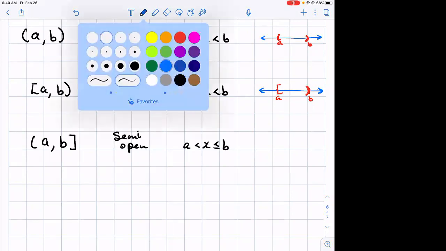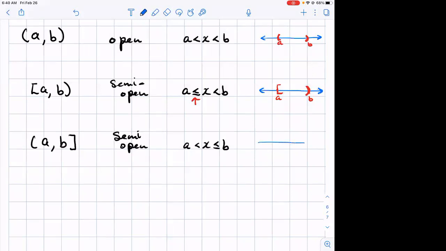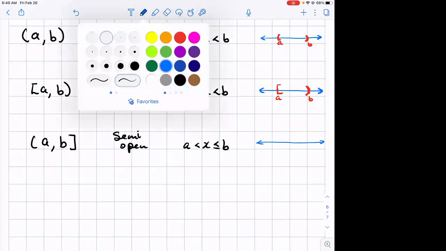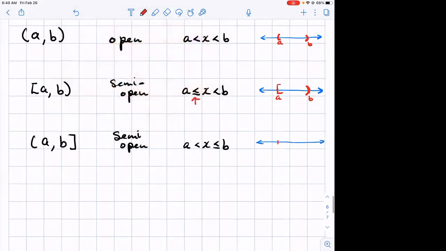Graphically, the a will get the parenthesis because it does not include, and b will have the bracket.